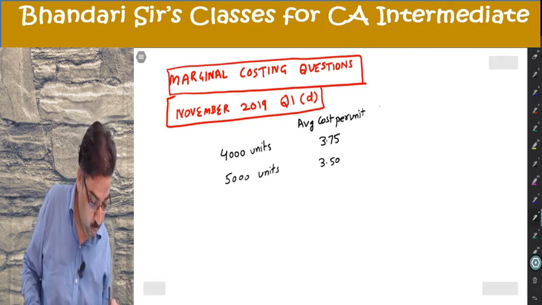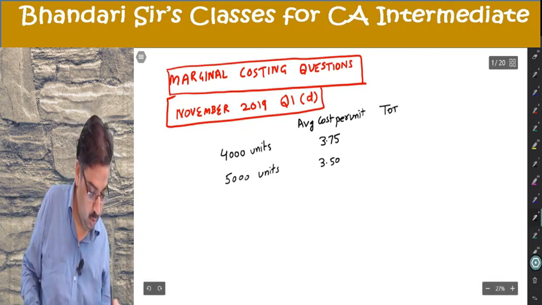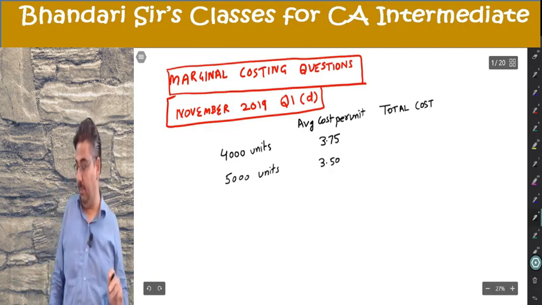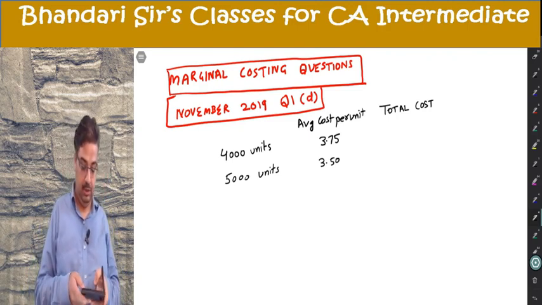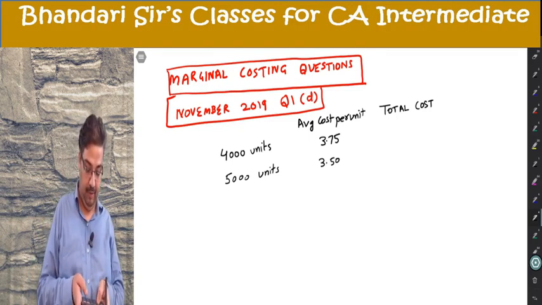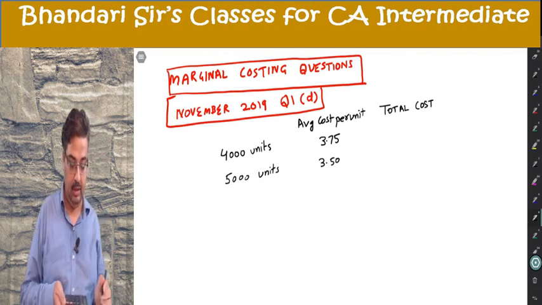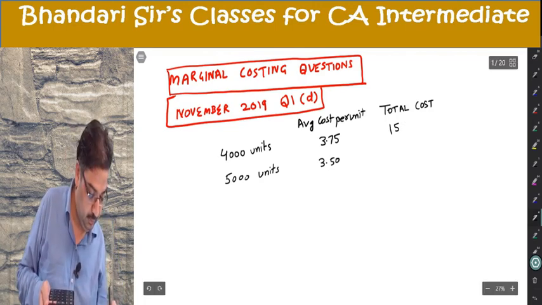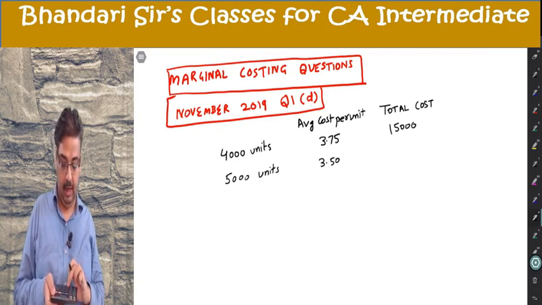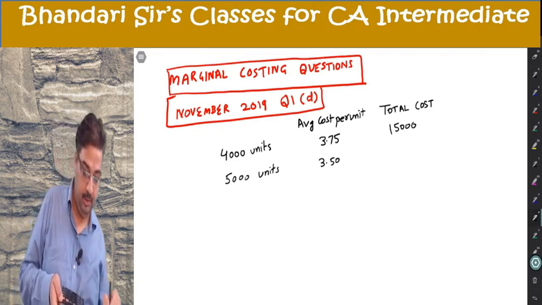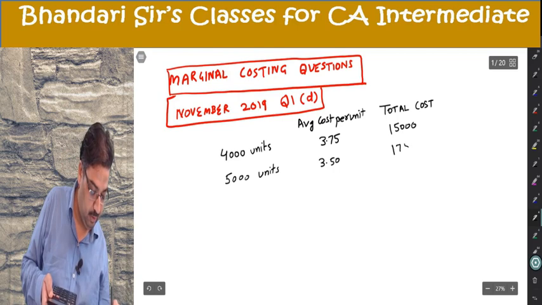Now I can compute their total cost. Multiply average cost per unit with units to get total cost. 3.75 multiplied by 4000 gives me 15,000. 5000 multiplied by 3.5 gives me 17,500.